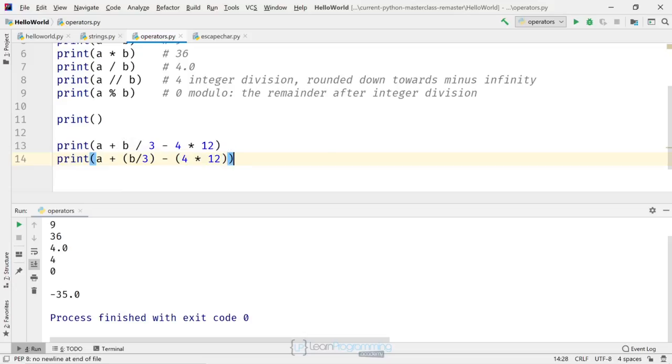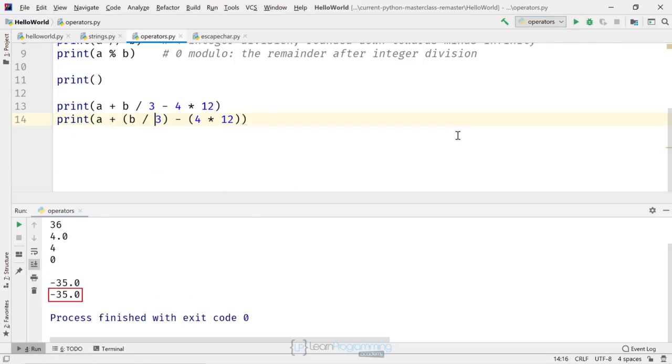Then we've got our two closing right parentheses. I'll just space that out a little bit so it's a little bit easier to read. So if we run this code again, we get the identical answer, minus 35.0 printed twice. So in other words, both these expressions evaluate to the same value.